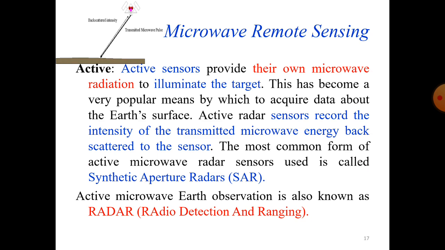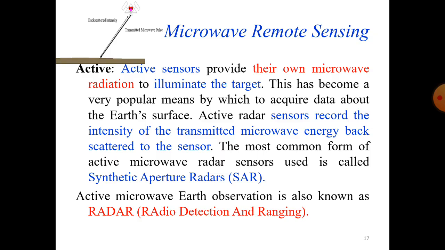The second type we have is active microwave remote sensing. Here the same source acts as the emitter of microwaves and the sensor collects the information. In active microwave remote sensing, we make use of the radar type which we call synthetic aperture radar.